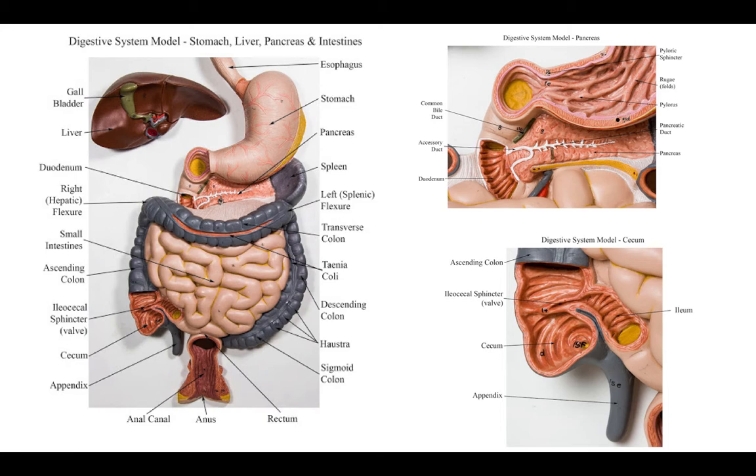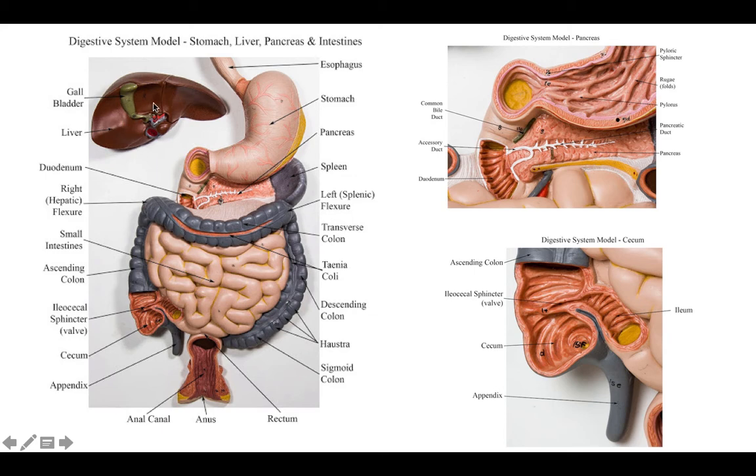So those are kind of the main parts to the colon. And when you go through the colon, there's a couple flexures that are kind of important anatomical features to note in terms of a reference point for anatomy. So as you go through the ascending colon, you have what's called the right hepatic flexure here.